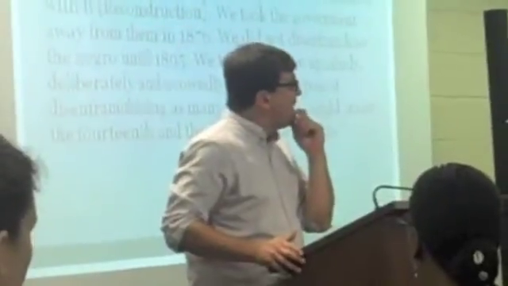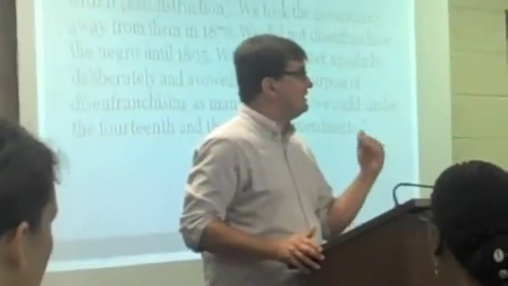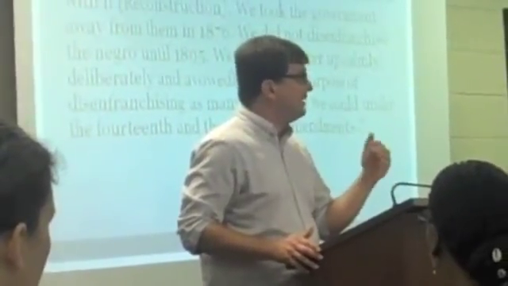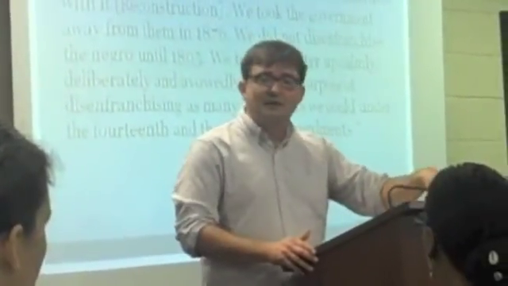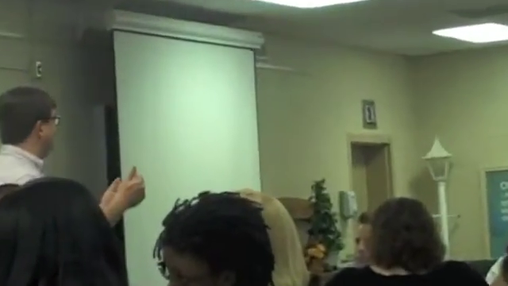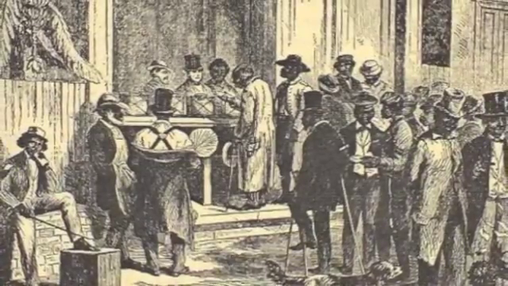The 1895 Constitution you can think of as the disenfranchisement Constitution, because really its purpose was to disenfranchise African American voters while getting around the 14th and 15th Amendment. The 15th Amendment gave them the right to vote.